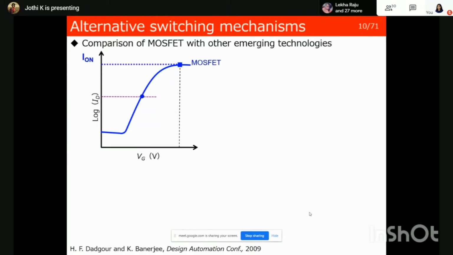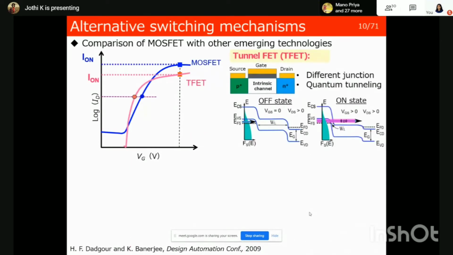This graph is your conventional MOSFET, and then there is something called the tunnel FET. Tunnel FET is just a FET in which the switching states are controlled by quantum mechanical tunneling. Then you can have characteristics compared against the MOSFET.